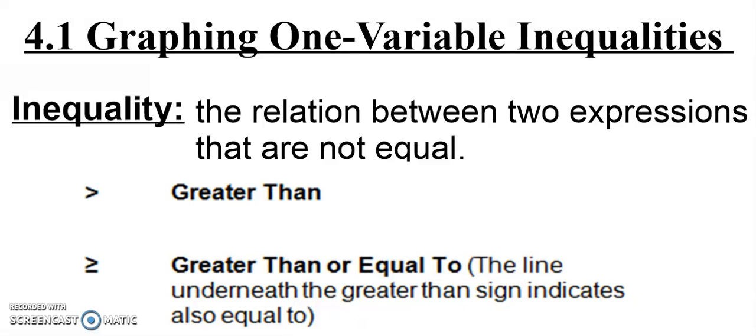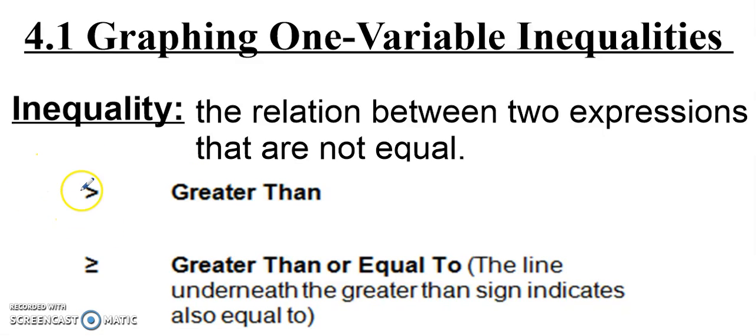All right, so you should title this section of your notes, Graphing One Variable Inequalities. An inequality, which we explored yesterday with that Desmos activity, is a relation between two expressions that are not equal. So it's a comparison. We have different symbols that we will use for this comparison, one of them being greater than, and that's us reading from left to right.